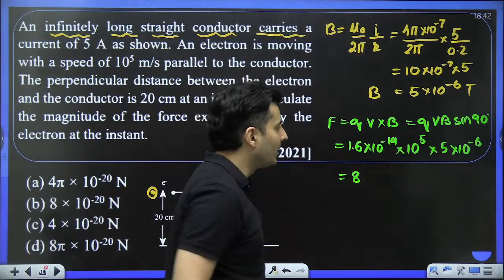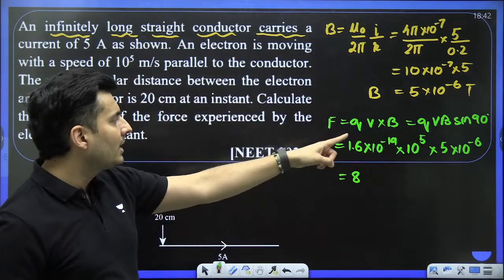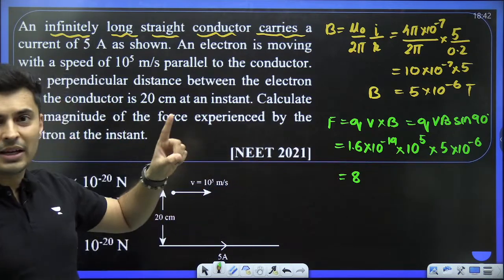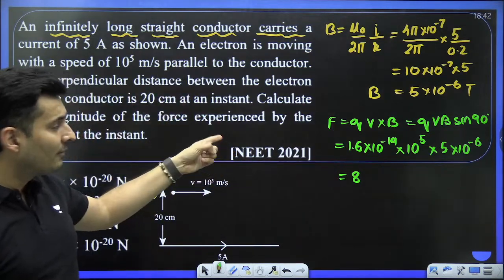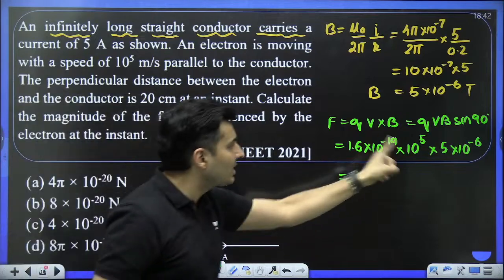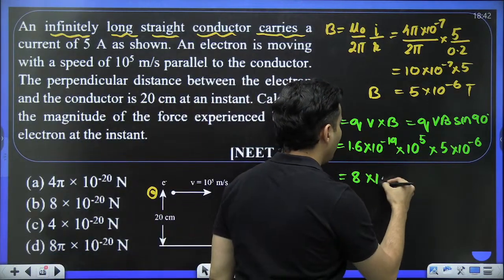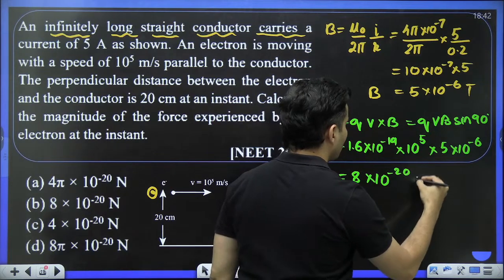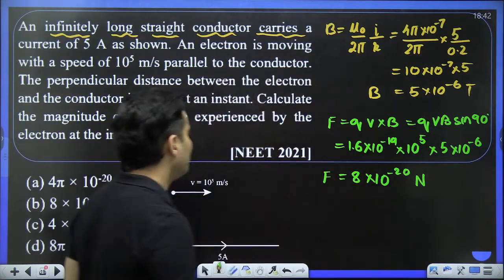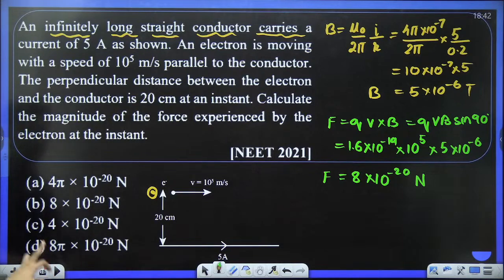And over here, 10 to the power minus 19 and 10 to the power minus 6 will make it 10 to the power minus 25. Then 10 to the power 5 will make it 10 to the power minus 20. So that many newtons should be the answer. 8 into 10 to the power minus 20, which is option B, of course.